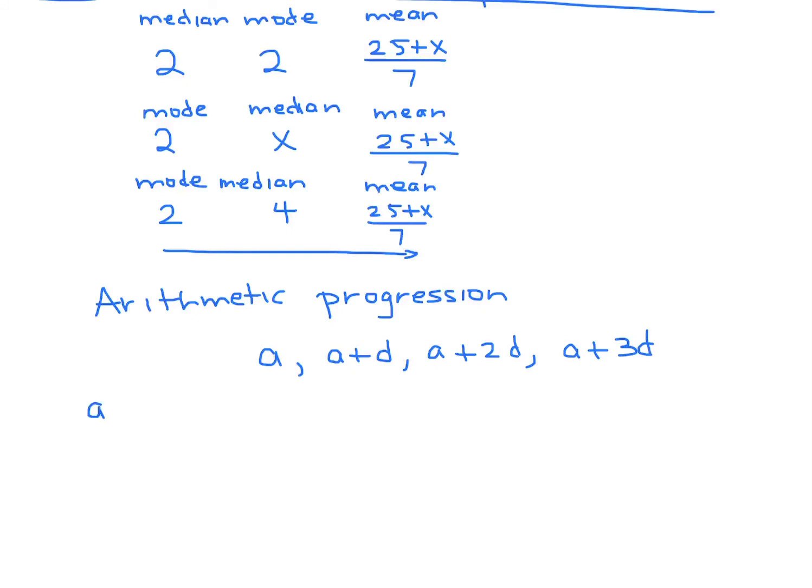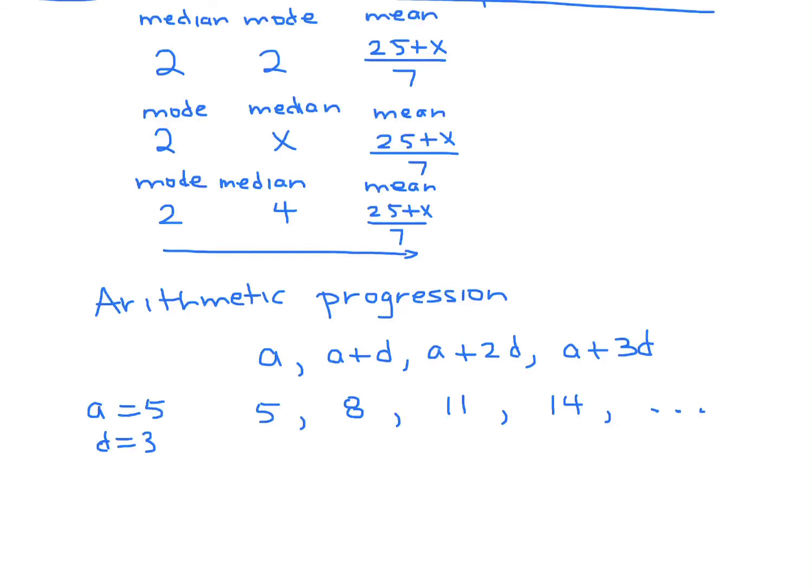So for example, if a was, let's say, 5 and d was equal to 3, this would be 5 plus 3, which is 8, 5 plus 2 times 3, which is 11, 5 plus 3 times 3, which would be 14, and so on. Dot, dot, dot. All right? That's an arithmetic progression.